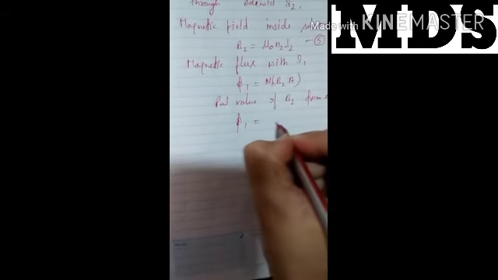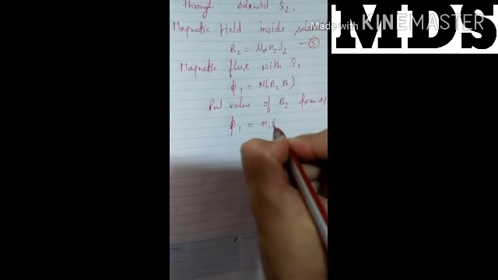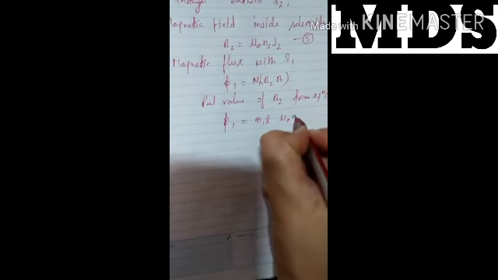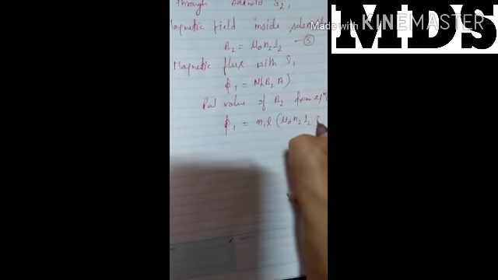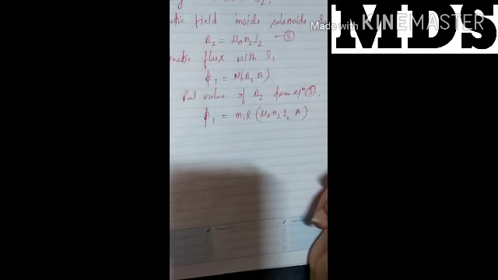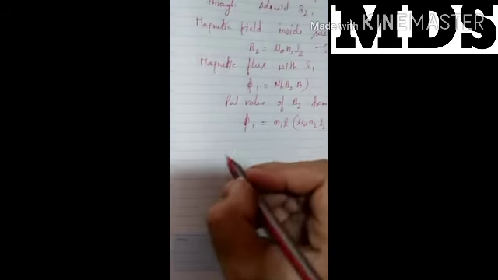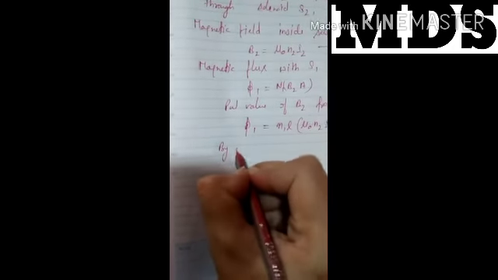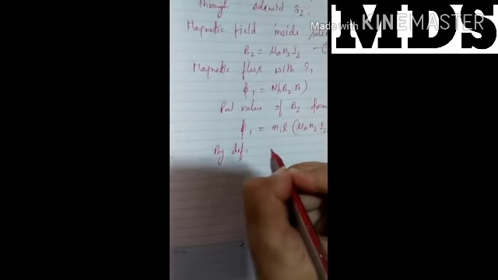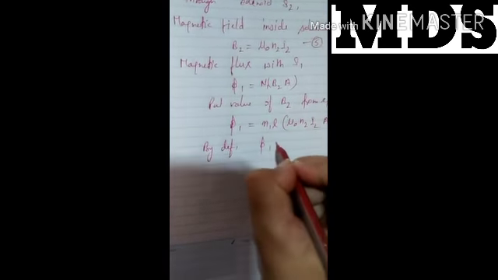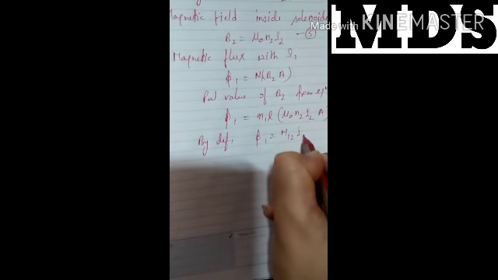Phi 1 equals N1 L mu naught N2 I2. After putting this value, by the definition of mutual induction, we can write phi 1 equals M12 I2.